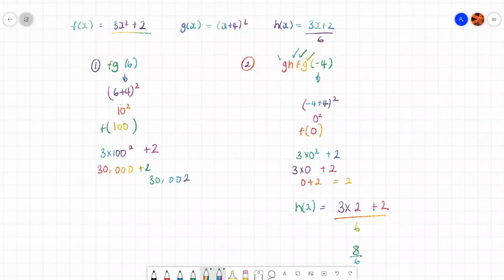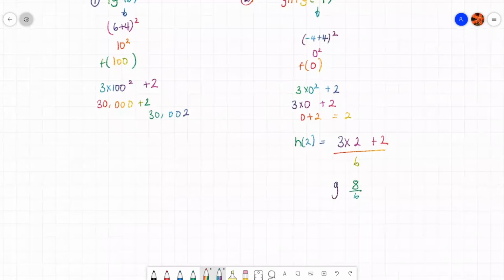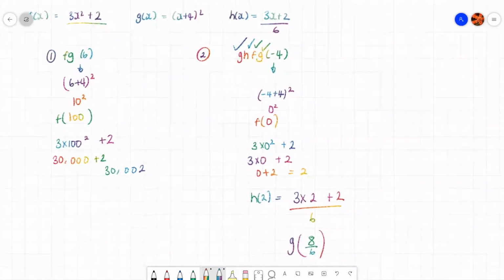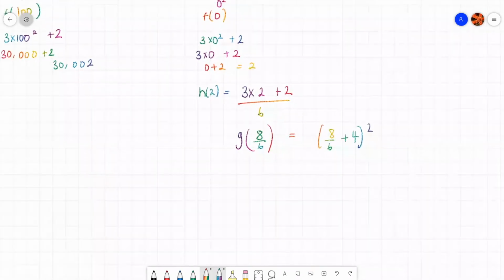So I've applied H, I've now got to apply G to that. Now G was x plus 4 all squared. So I've got to do 8/6 plus 4 all squared. Okay, but if I simplify that, I can halve it. I get 4/3 plus 4 all squared. Okay, now I need to add these together, so I'm going to put that in the common denominator.